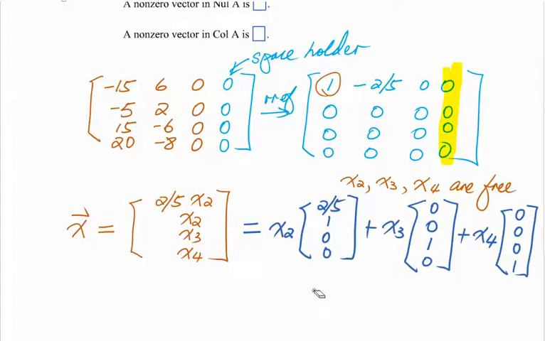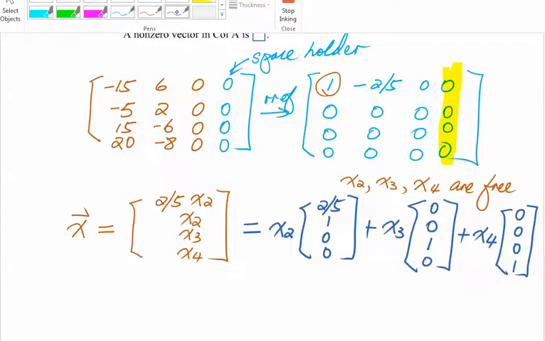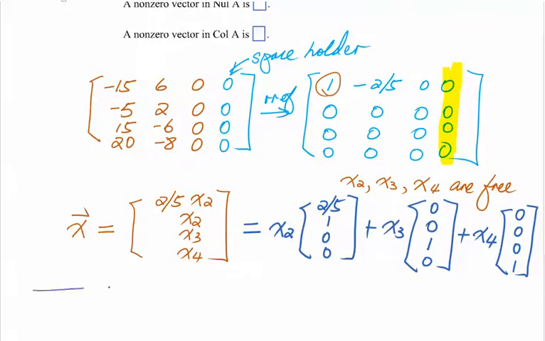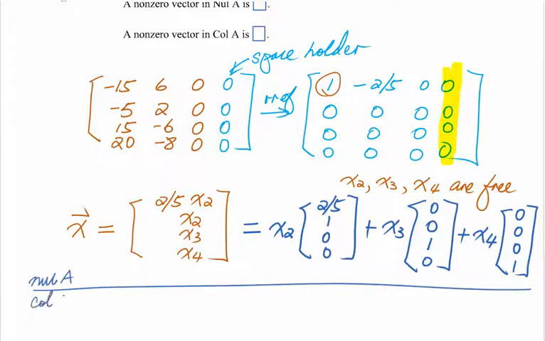Okay, so now I have my null space. Let's look at the column space. We're almost done over here. So this is the null space. Down here we have the column space of A. Notice that I only have 1 pivot position, the first column.